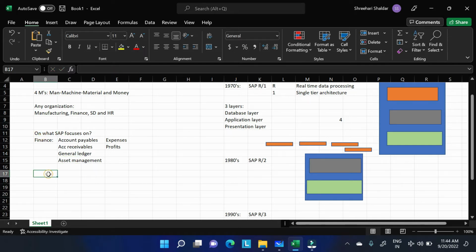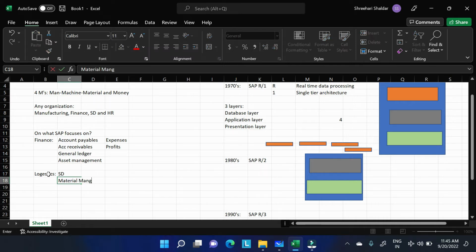The second thing it focuses on is logistics. What is logistics here? It is sales and distribution, where it deals with the sales of the materials and giving the services of that particular material. It also concentrates on material management.